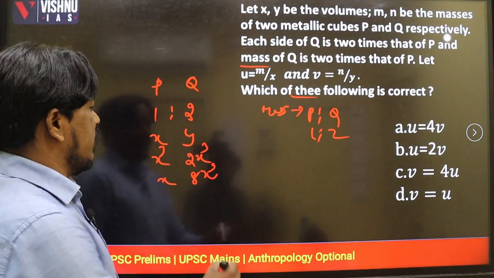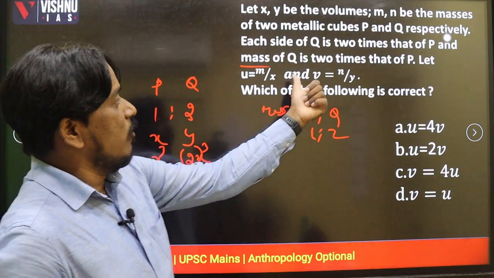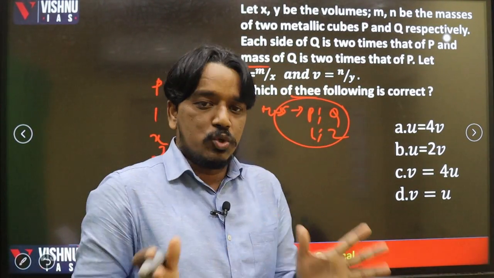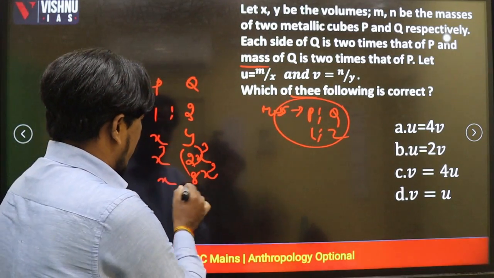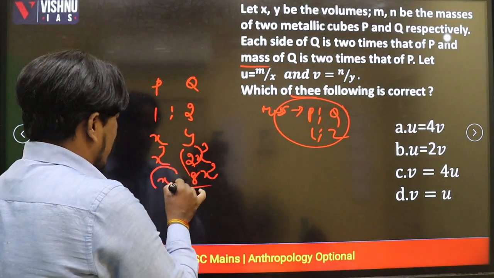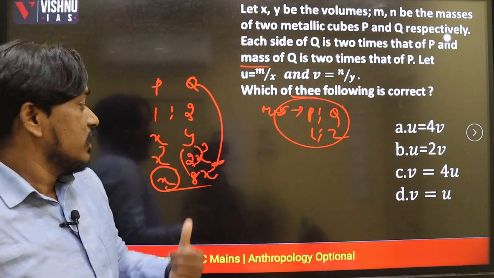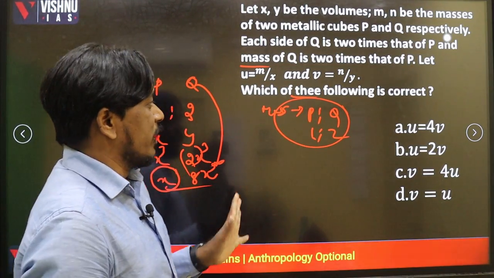If you take the mass directly as it is, we take 1:2 only. So the volume of P is x times and Q is 8x times. Clear?